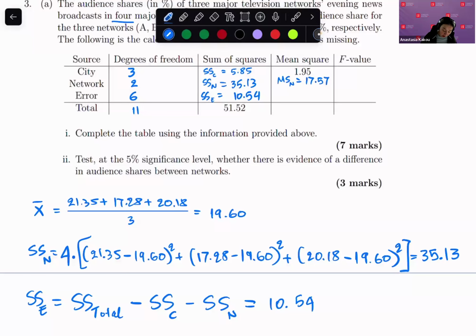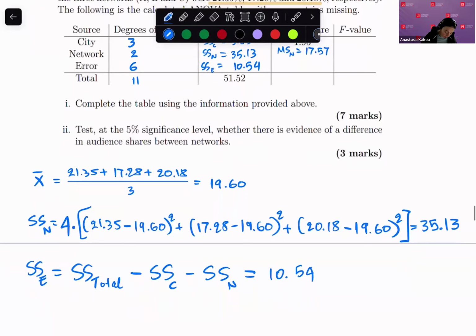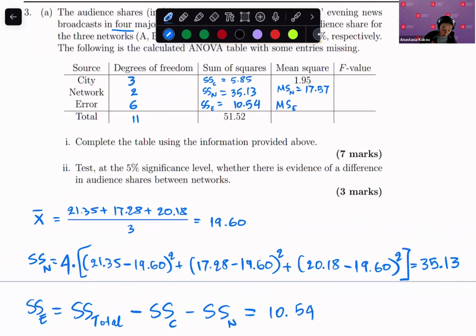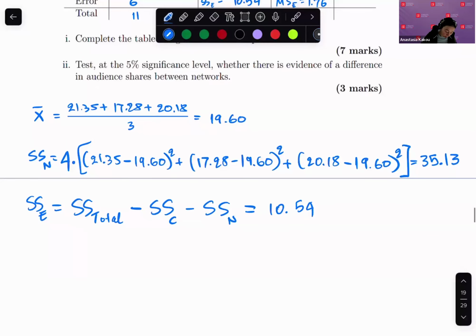And finally, the mean square error: all the mean squares are basically the sum of squares divided by the degrees of freedom. So giving that 1.76.